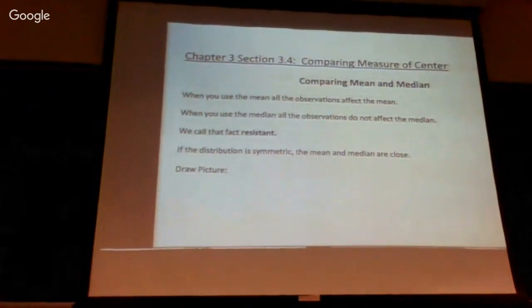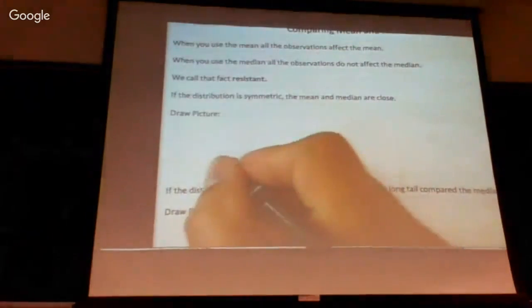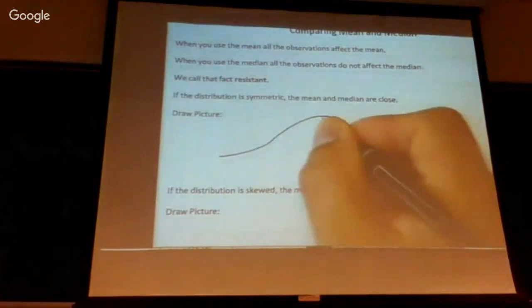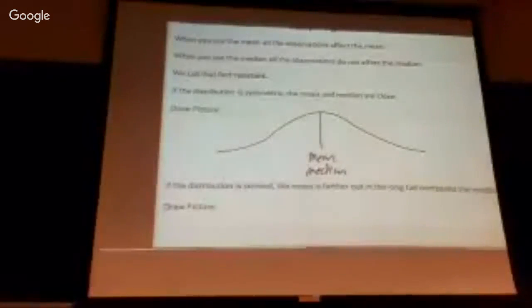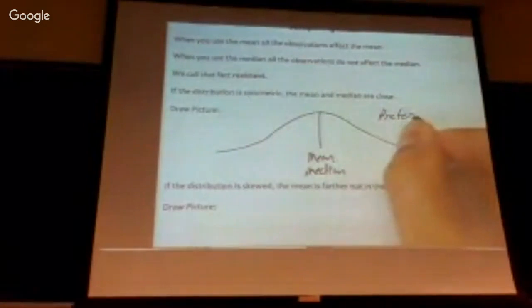We said that they are preferences. What I mean by that is, if your data is symmetric, the mean and the median are pretty much close to each other. They're at the same spot. But we prefer which one when it's symmetric?